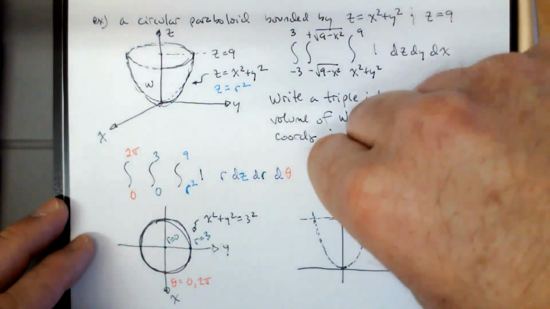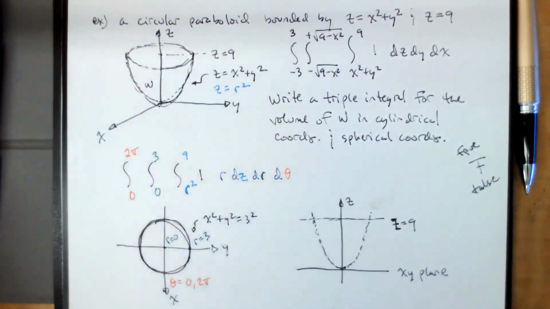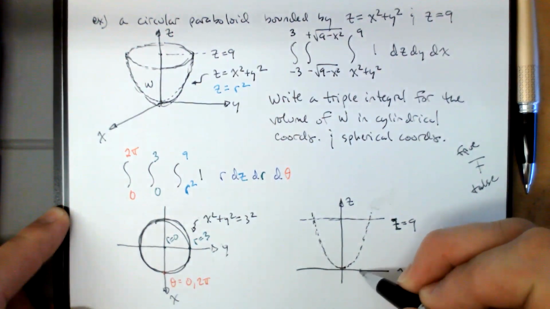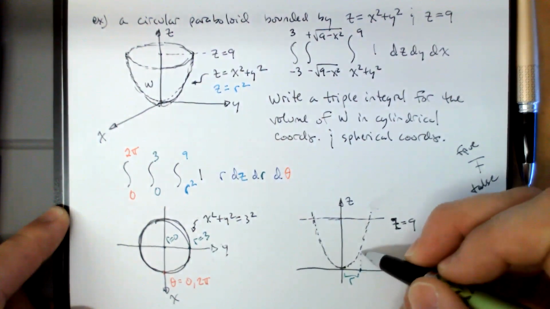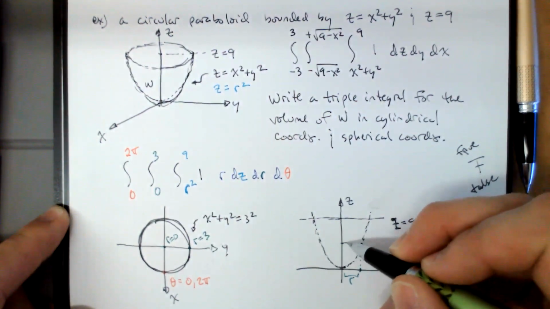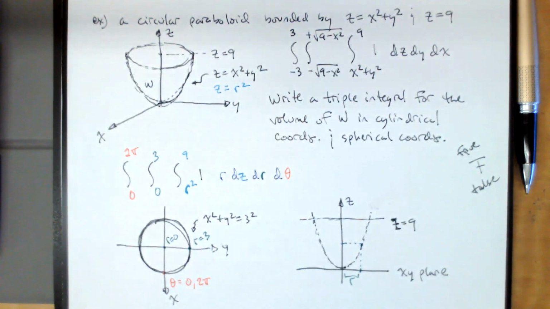This parabola, if I pick a point on the xy plane, it's at a distance of r from the origin. And since we're making a parabola, that means z is equal to r squared.